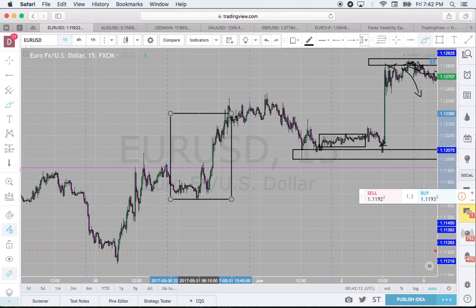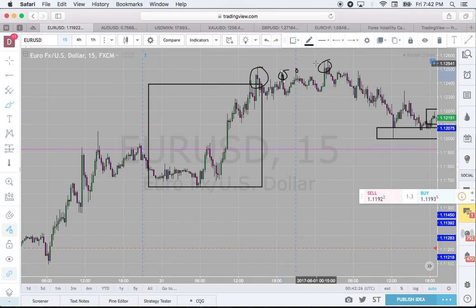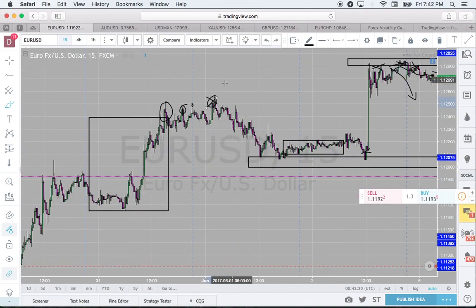We can see the 74 pip range has been exceeded. One candle. There's a trap here, a trap here, trap here, another trap. All these are sell opportunities to take it against the trend a bit.